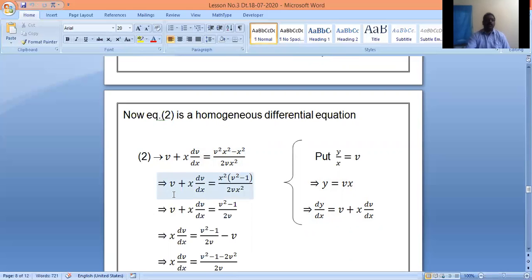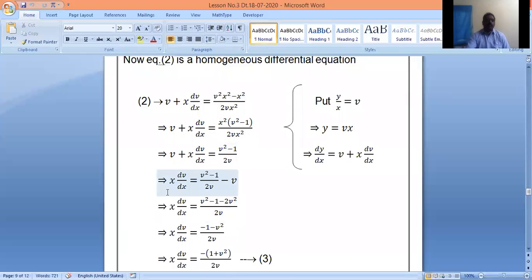That implies v plus x into dv by dx, by taking x square common from the numerator, we get x square into v square minus 1 by 2v into x square. By cancelling x square from numerator and denominator, we get v plus x into dv by dx is equal to v square minus 1 by 2v.